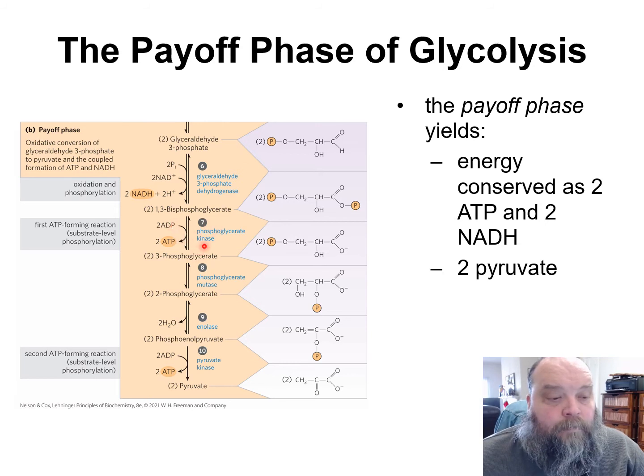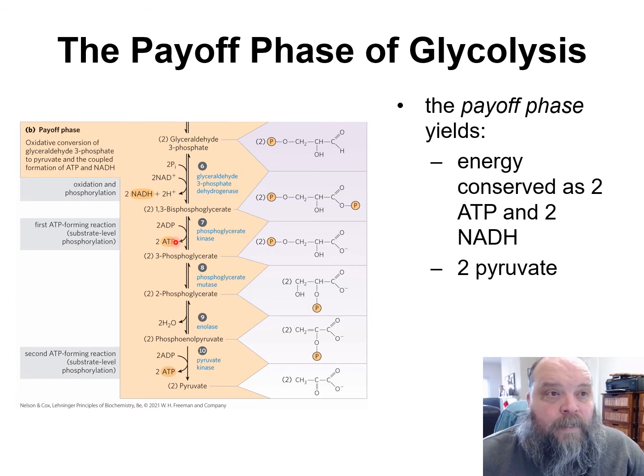Next step, phosphoglycerate kinase takes 1,3-bisphosphoglycerate, pops off that just added phosphate group, and adds it to ADP to make ATP. This enzyme-based removing of a phosphate and adding it to ADP is what is known as substrate level phosphorylation.